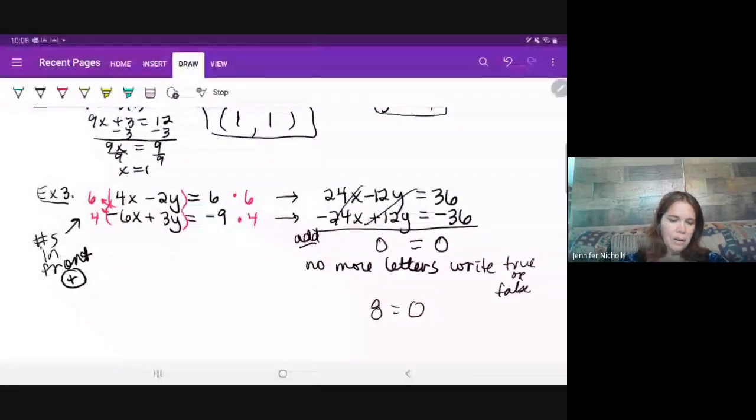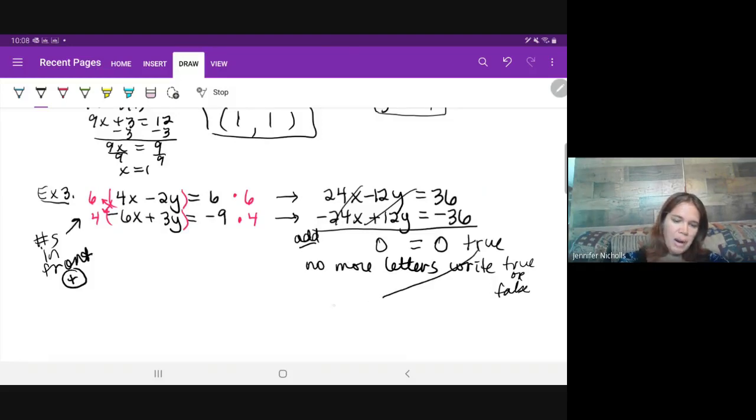That'd be false, right? Okay, so 0 equals 0 is true. So you're going to write true. And for trues, you write infinitely many. Let me spell that out for you because you're going to have to write that on your test and a quiz eventually. Infinitely many. This is an E. Solutions.